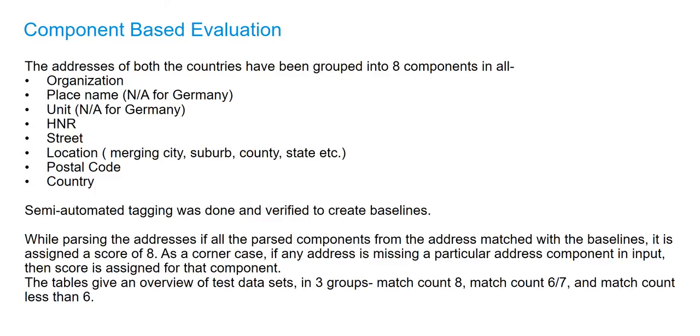If we were able to parse 7 to 8 components correctly, we place them in the 7 to 8 category. And subsequently, if we got more than two components wrong, so for example, if we predicted organization, place name, and unit, all of them wrong, so we were able to get just 5 components correctly, we place them in the less than 6 category.